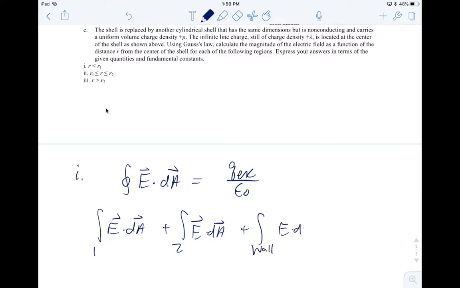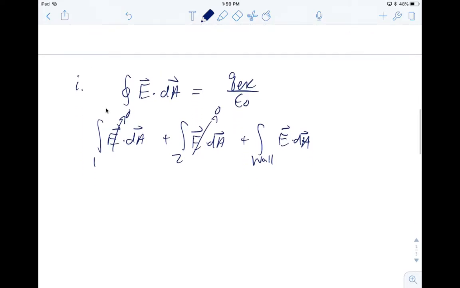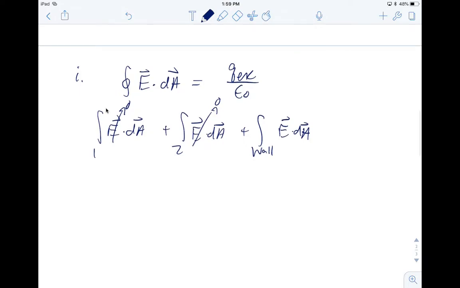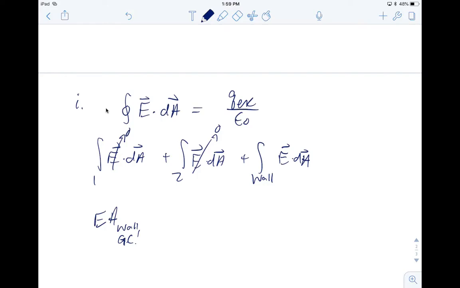But the sides are zero, because the electric field is parallel to the sides, but it goes right through the wall of the cylinder. So we're going to be left with E times the area of the wall of our Gaussian cylinder. That's it for the left side. I guess we could write down what the area is. The area would be E pi little r squared.